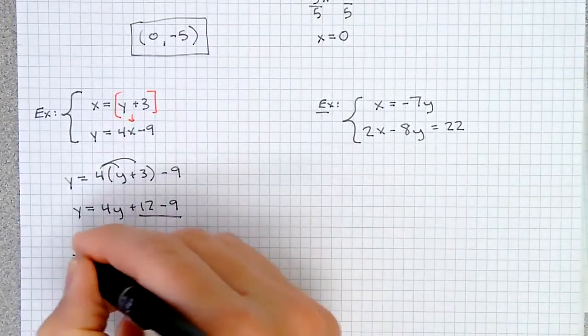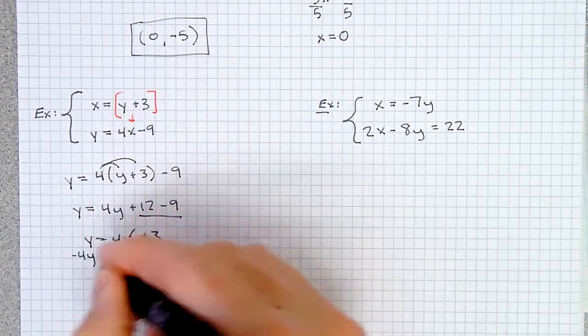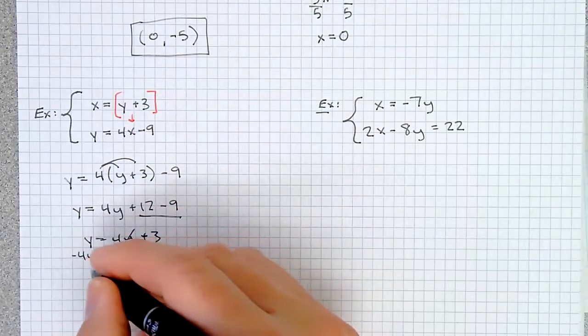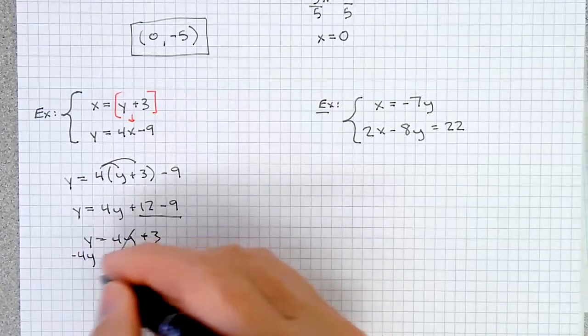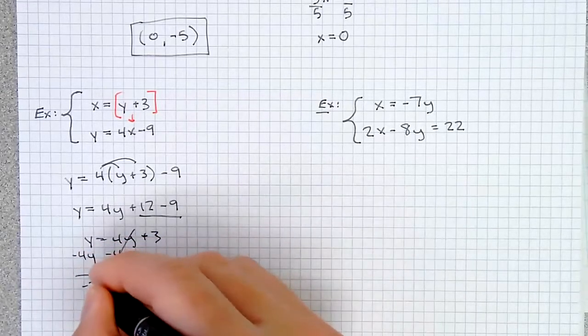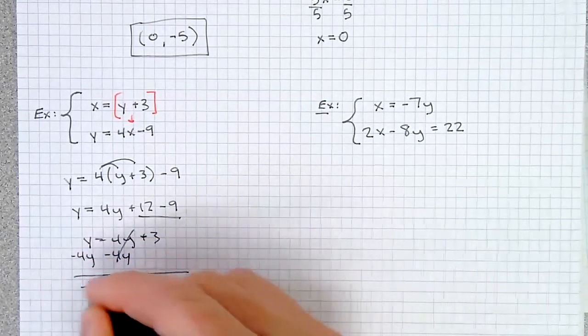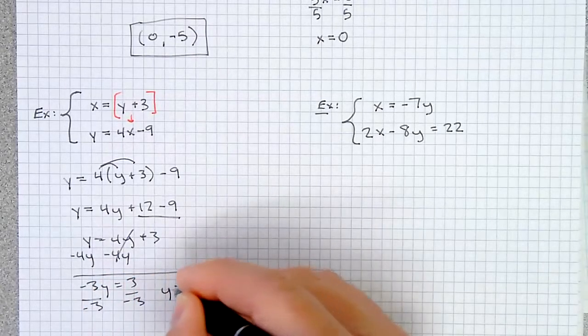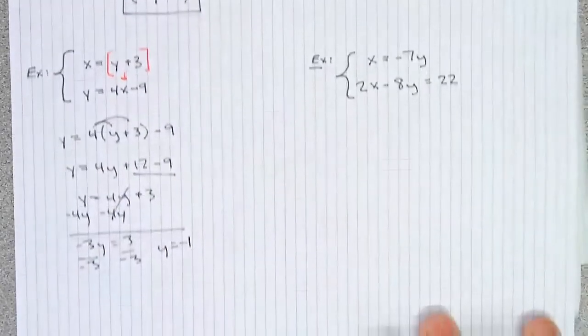Subtract the 4y. And now we have negative 3y equals 3. Divide by negative 3. Y should then equal negative 1.